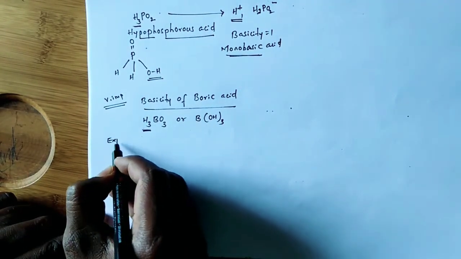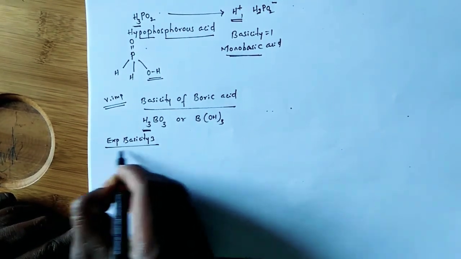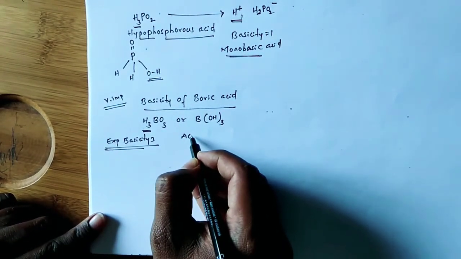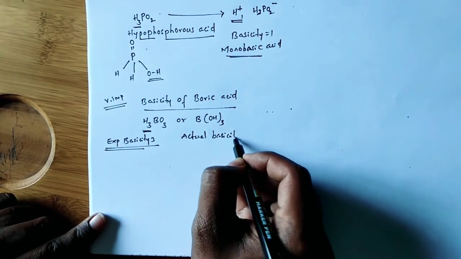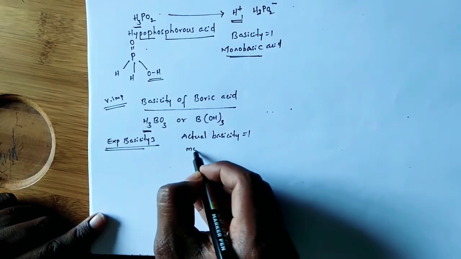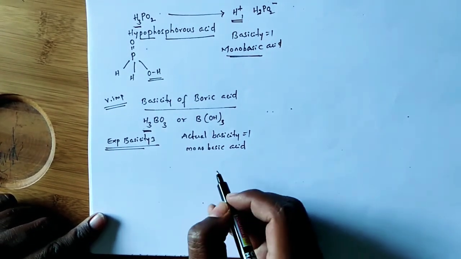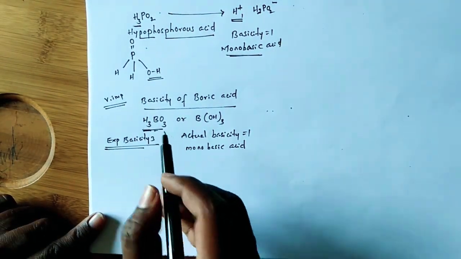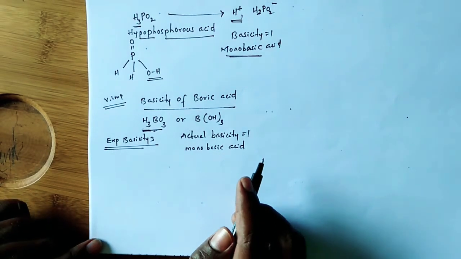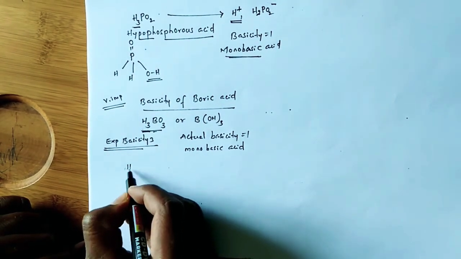But the actual basicity for boric acid is 1. It is a monobasic acid, and that too, for boric acid the basicity is not by furnishing H plus ions. It will not act as a proton donor.